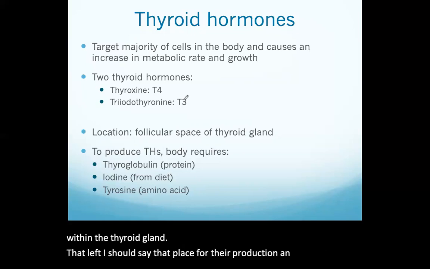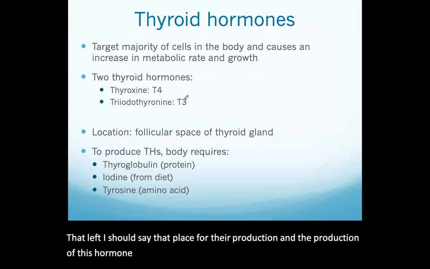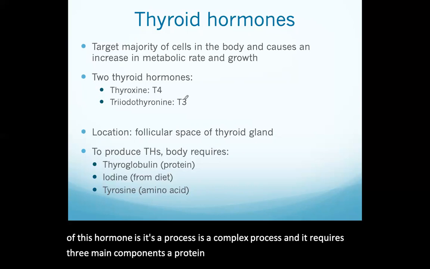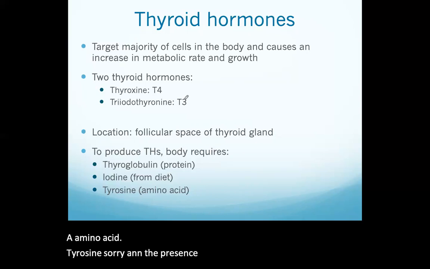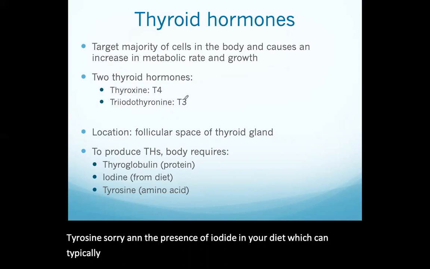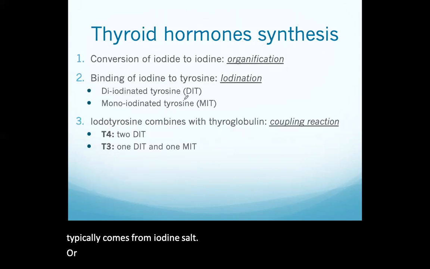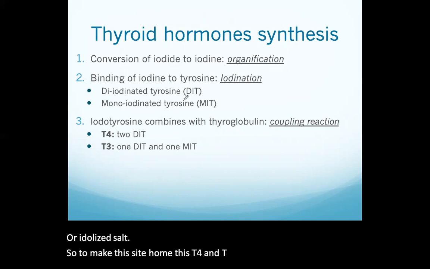The production of this hormone is a complex process, and it requires three main components: a protein called thyroglobulin, an amino acid called tyrosine, and the presence of iodide in your diet, which typically comes from iodized salt.